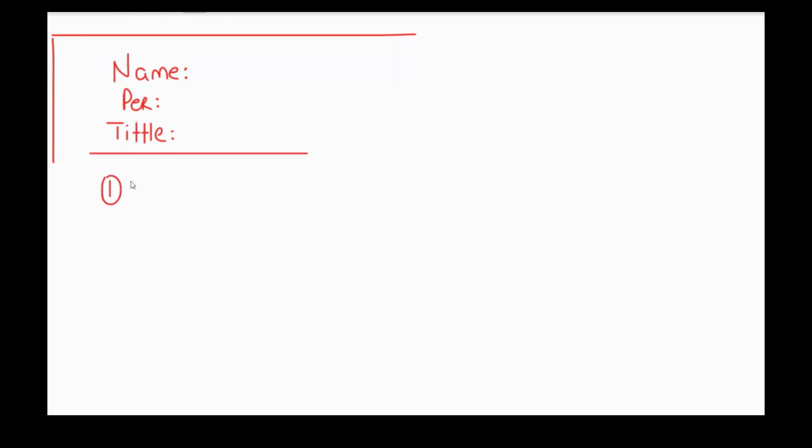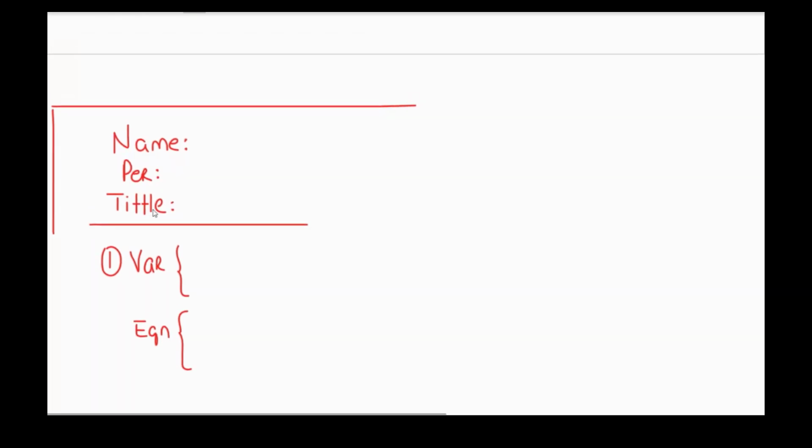You don't need to copy the problem, but you need to write down what the variables are and what the equations are. Once you find the equation, you enter the multiple choice that is correct into Go Formative, and then you solve the problem, and then make sure you skip or give some space and do problem number 2, and so on. Also know that the final answers to each one of these problems is found on Go Formative. If you go to the very bottom of the Go Formative, you will see the answers for each of the problems in the assignment.